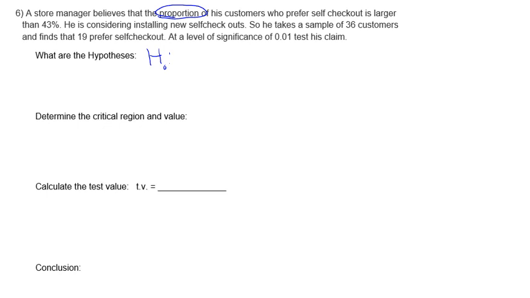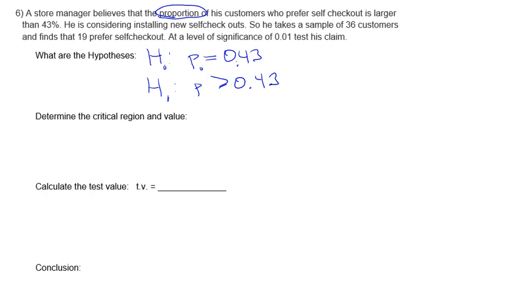This store manager is claiming that the proportion of his customers who prefer self-checkout is larger than 43%. So he's comparing against the benchmark. The benchmark is the null hypothesis. His claim is that p is actually greater than the null hypothesis.